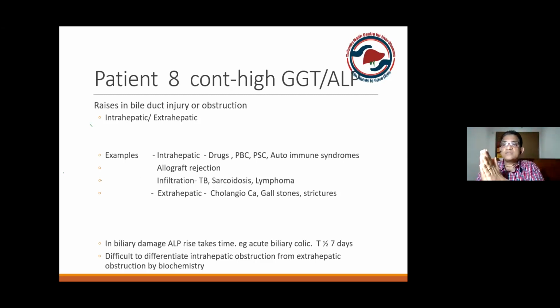You just can't differentiate a stone or a bile duct cancer or cholangiocarcinoma from a drug-induced cholestasis by doing the biochemistry. For that, imaging is mandatory, whether it's MRCP or ultrasound scan or CT scan. Imaging is mandatory to differentiate between extrahepatic obstruction and intrahepatic obstruction.